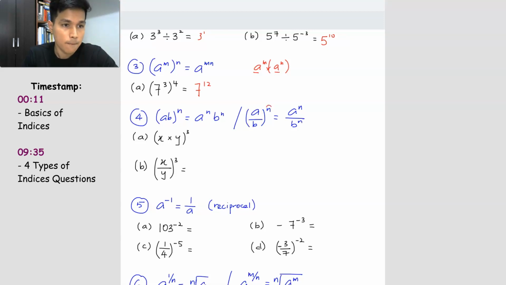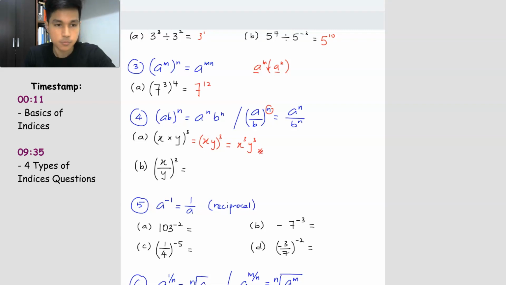Make sure you power both of the numbers or the variables in the bracket, not just separately. This is actually the same as writing it like this. It's just that here they wrote a multiply. So what do you get? You get x power 3, y power 3.